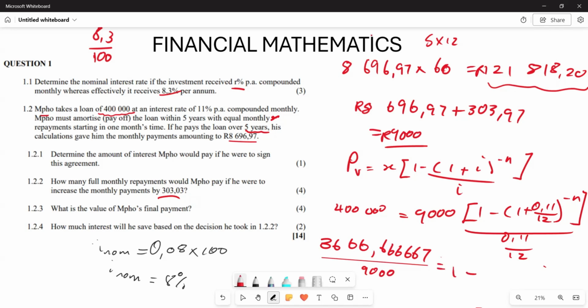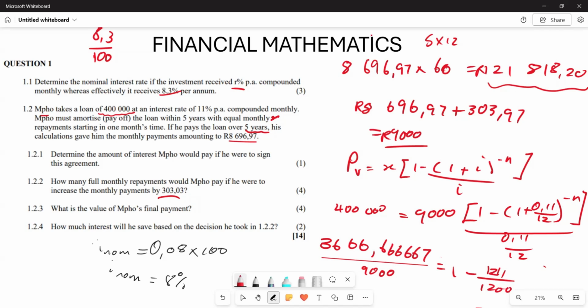One subtract, what is it that you are going to get from this? When you say 1 plus 0.11 divided by 12, you are going to get approximately 1.0091667.